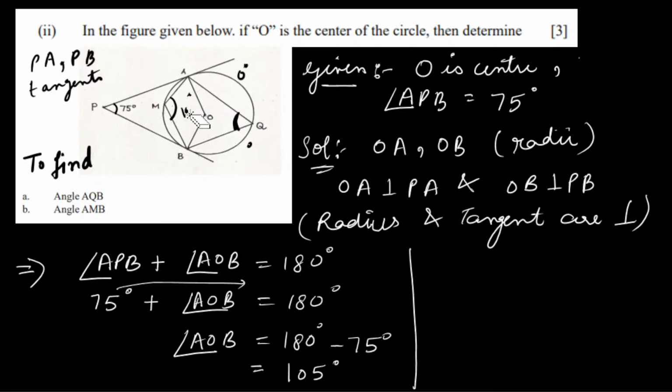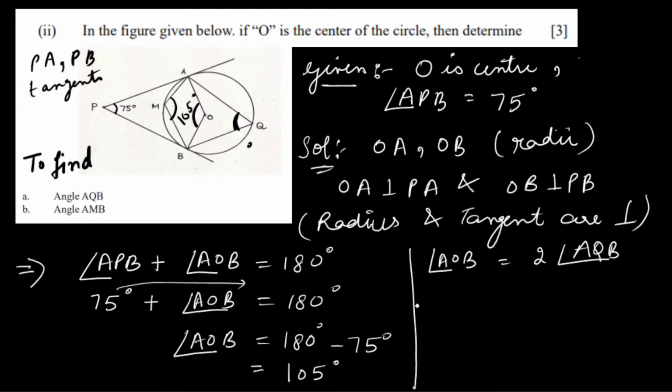We have found the angle which is at the center, and the value of this angle is 105. So angle AOB is 2 times angle AQB. Yes, so we can use that: angle AOB is equal to 2 times angle AQB.